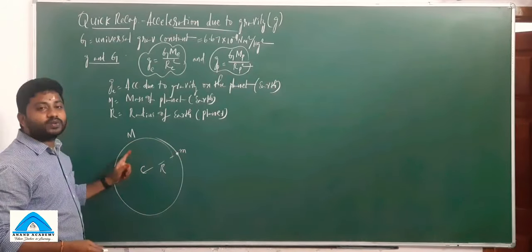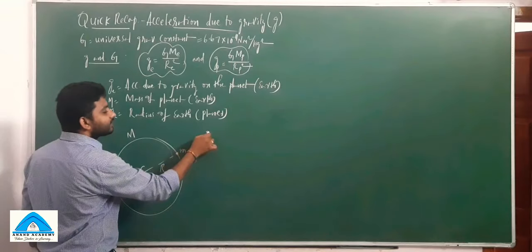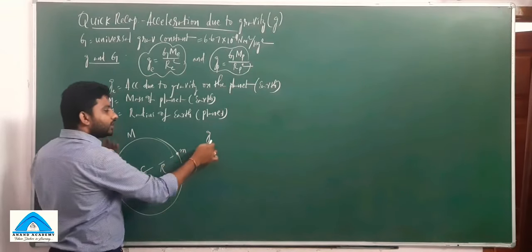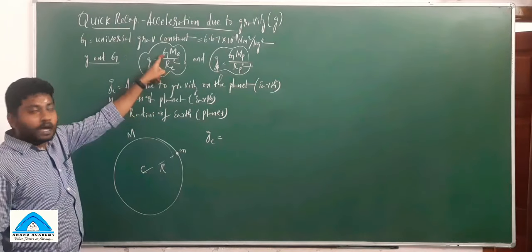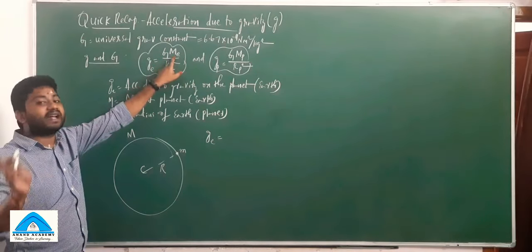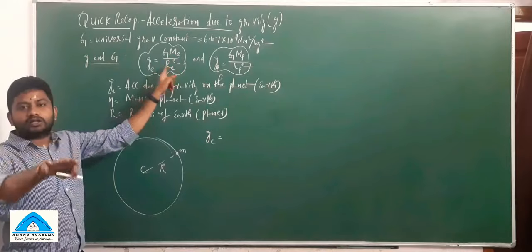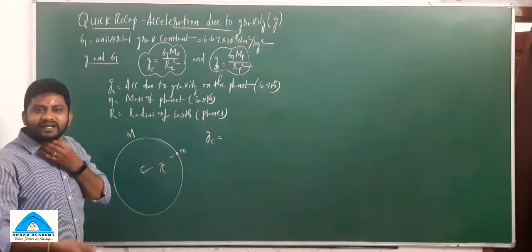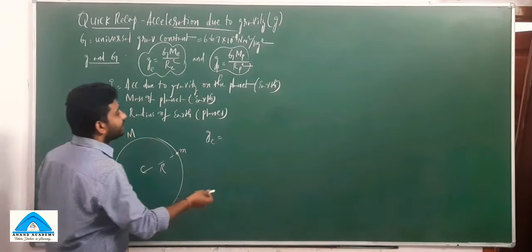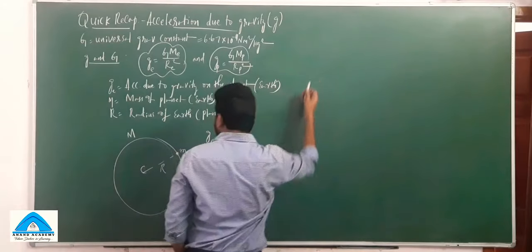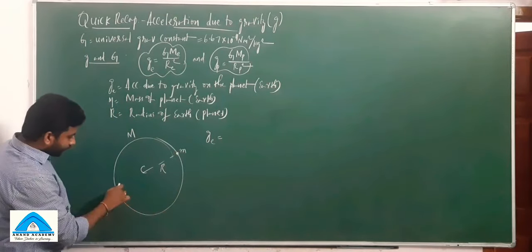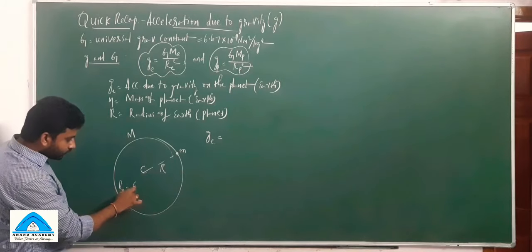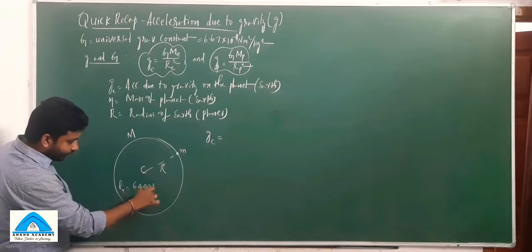In this case, what we had discussed: acceleration due to gravity on the Earth's surface is equal to capital G value, mass of the Earth, and radius of the Earth, which we also discussed. For your better understanding, the radius of the Earth is equal to 6,400 kilometers.